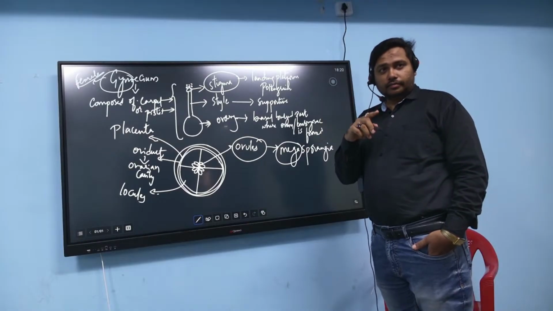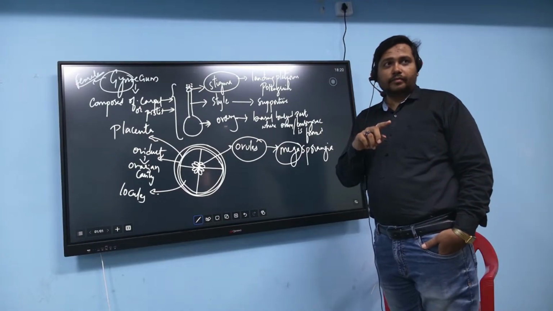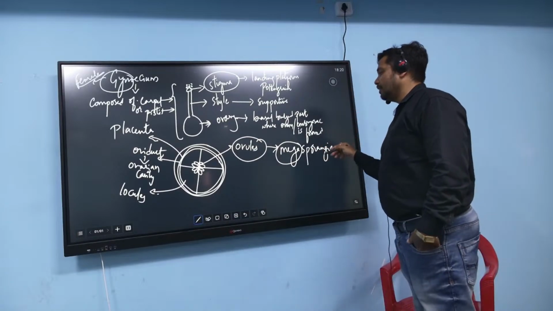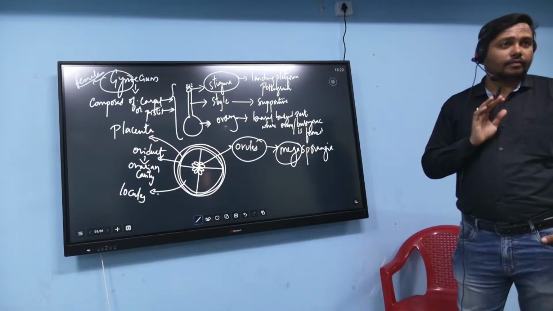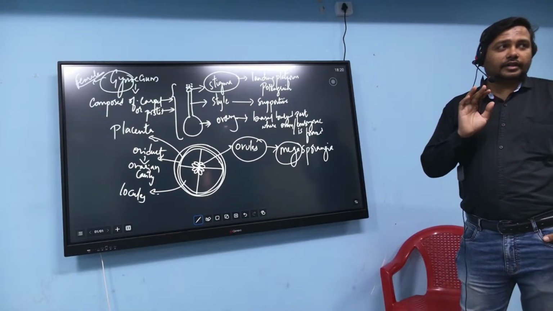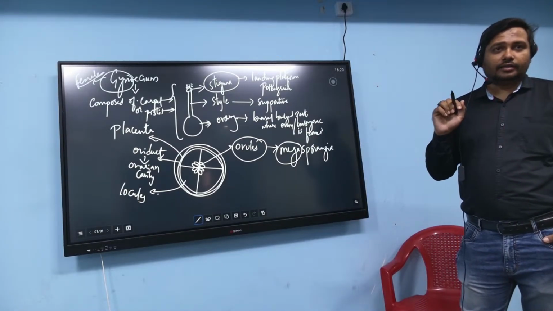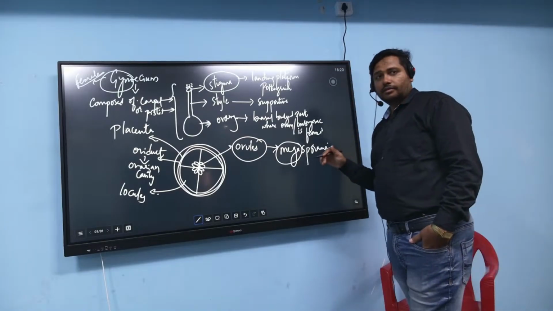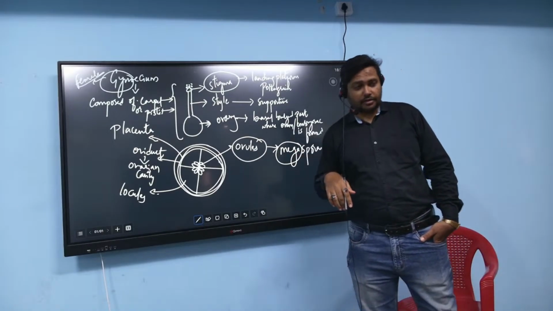Micro is always male, mega is always female. So, megasporangia. Is that clear? Any doubts you have till here? Everything is clear. Shall we proceed now?